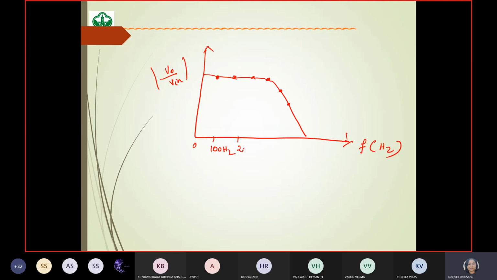This point is suppose 200 hertz, and so on up to your cutoff frequency FC. Then after that, you may notice that up to this the value will be constant as per the formula, whichever type of filter you are using for the V naught by V in calculation. As per that, if you apply your value of F and FH or F and FL, whichever is applicable, after the FC point you can note it down.